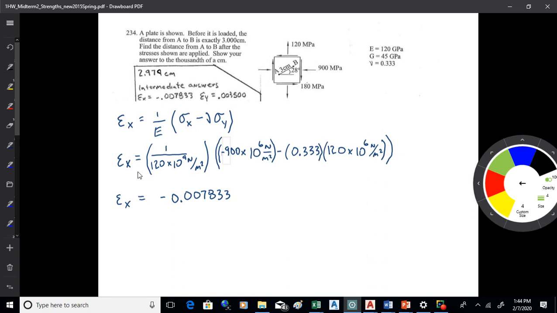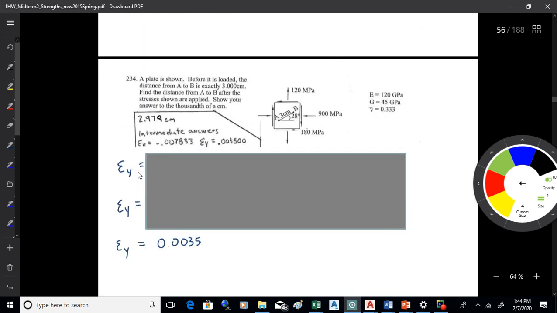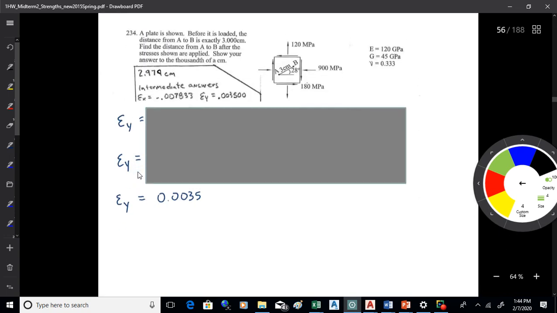So instead of epsilon x you get epsilon y, and you switch sigma x and y. You do the same thing again and get epsilon y, which is 0.0035. So in the y direction, the edge of the plate will get 0.35% longer. If it's originally 100 millimeters long, it'll now be 100.35 millimeters long.